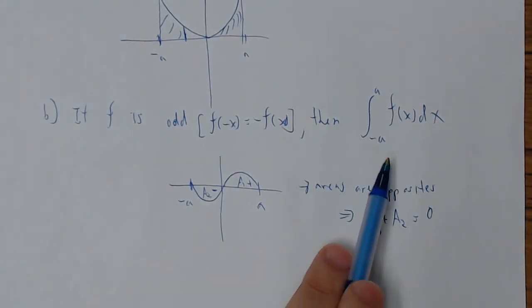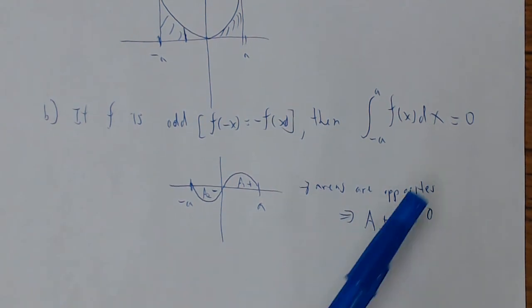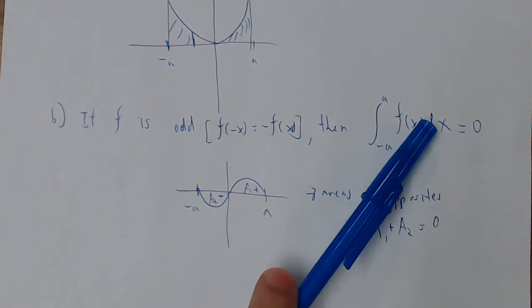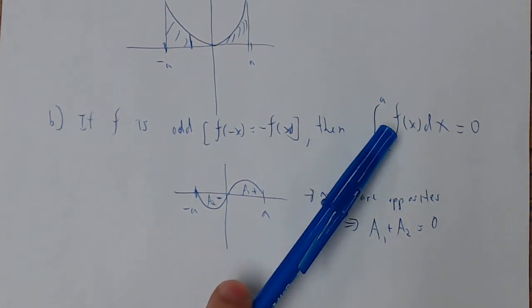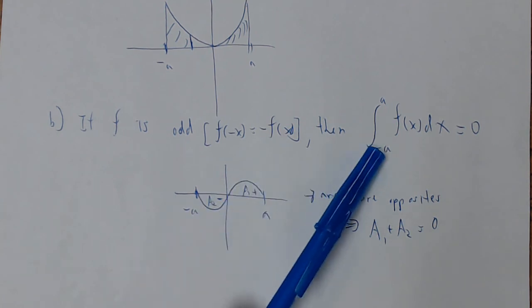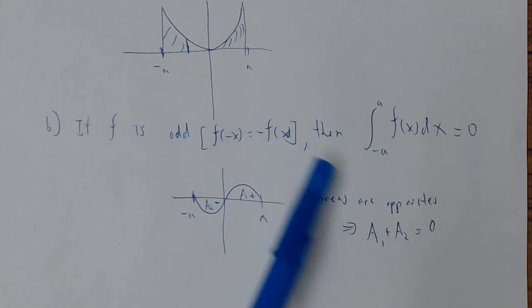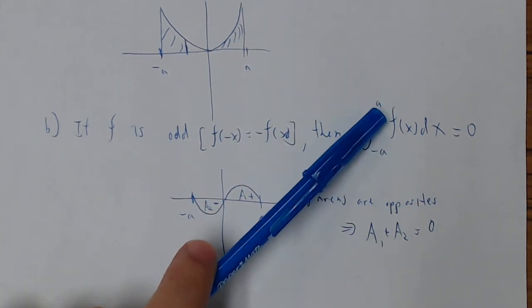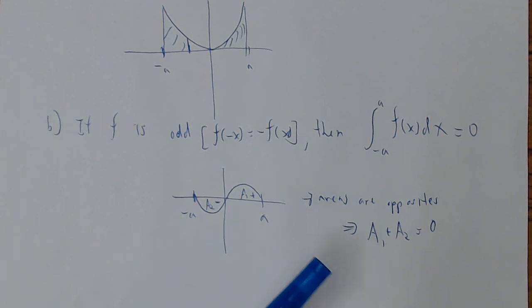So this integral will be 0, which is really nice, because anytime you have an odd function and I'm asking you to find the area under the curve, and my lower and upper limits are exactly opposites, there's nothing to think about. These areas are going to cancel each other out, so you're going to get an integral of 0. So just keep your eye out for this, especially when you see limits that are exact opposites. Check for symmetry because it might make things easier for you. Okay, so that wraps up this section.